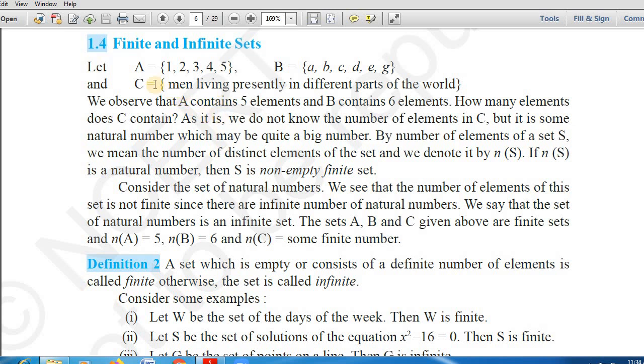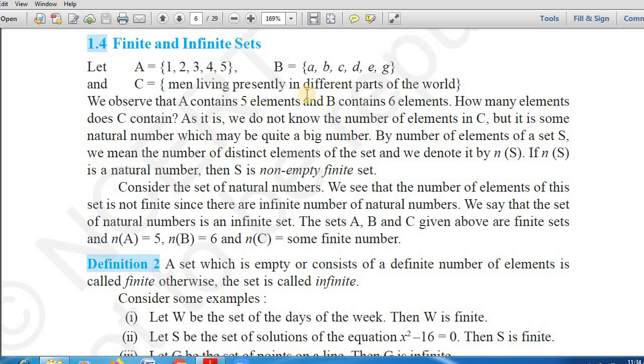In the example 1, 2, 3, 4, 5, there are 5 natural numbers given here. So the number of elements is finite, so it is a finite set.